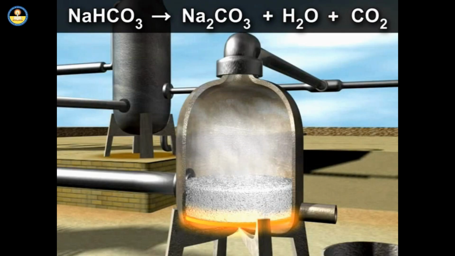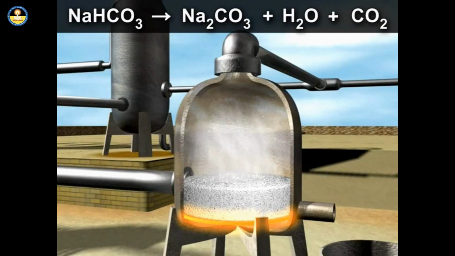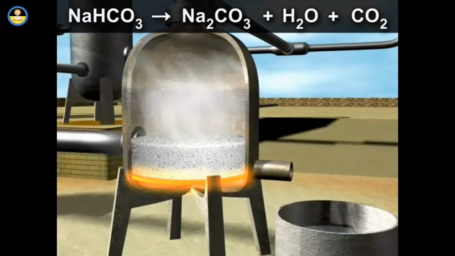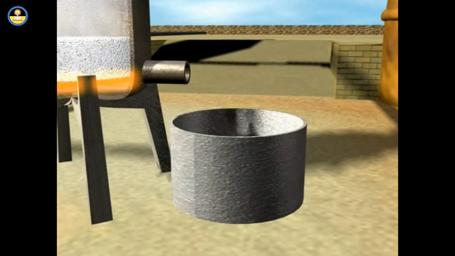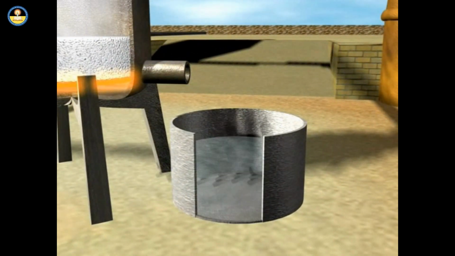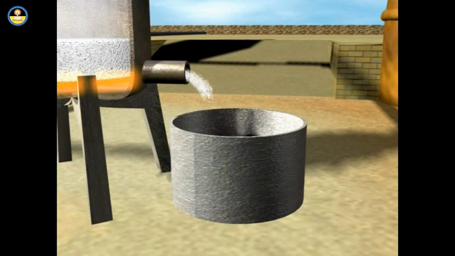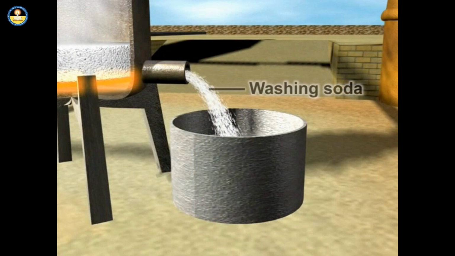NaHCO3 on heat treatment has been shown decomposing into Na2CO3, water, and carbon dioxide. Carbon dioxide is recycled. Sodium carbonate is collected in water to form washing soda.